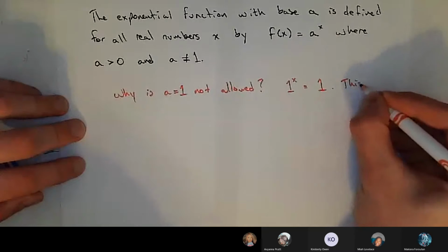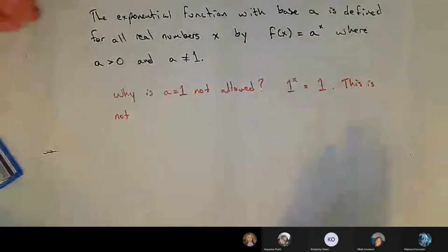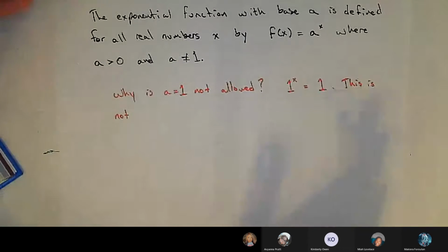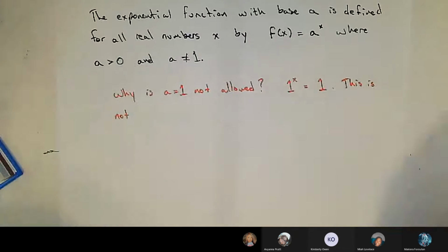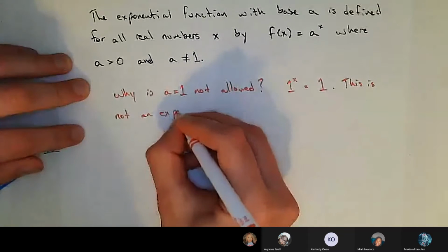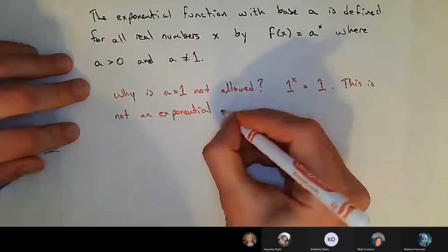This is not an exponential function. It doesn't represent that exponential growth where things are doubling or tripling. It's not moving at all, right? It's just a solid 1 function, meaning it's a constant flat line. This is not an exponential function. We would call it maybe a linear function or a constant function.